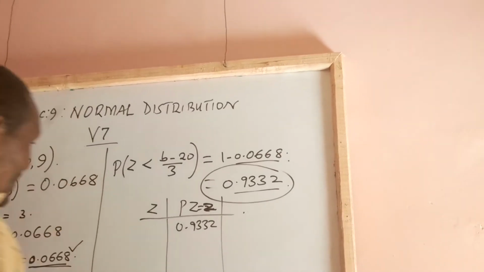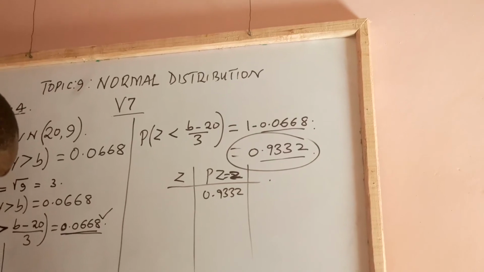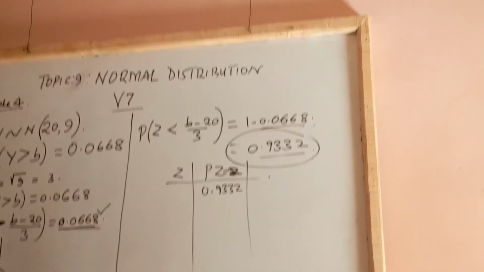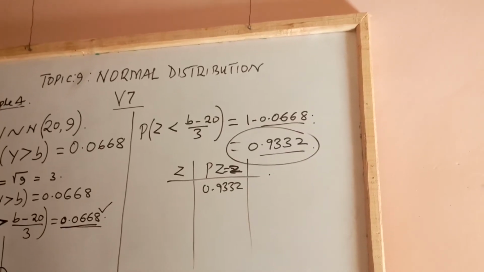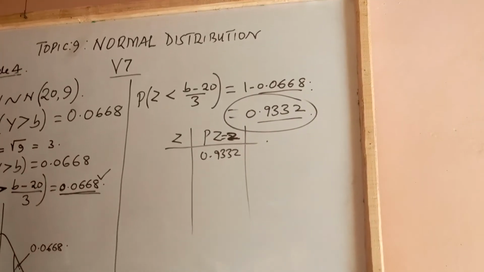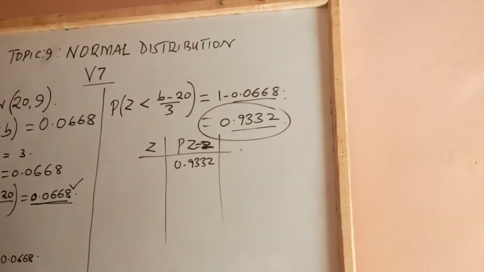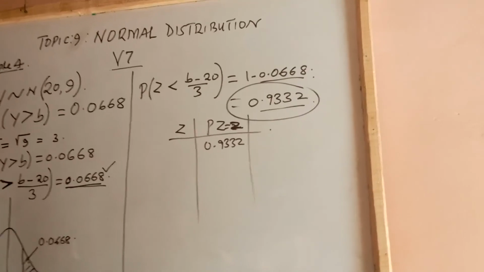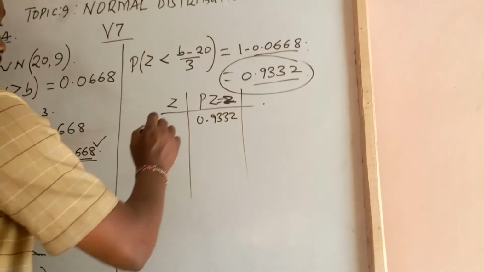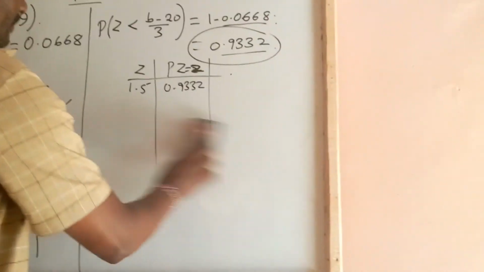What Z corresponds to that? We can already see the Z that corresponds to 0.9332 on page 201, and it is 1.5.